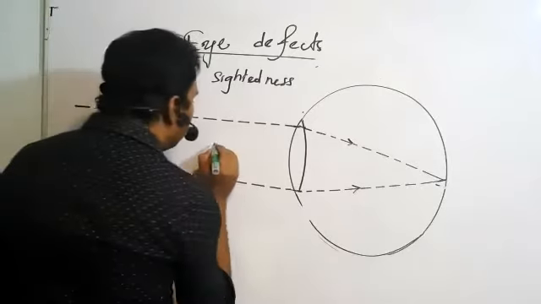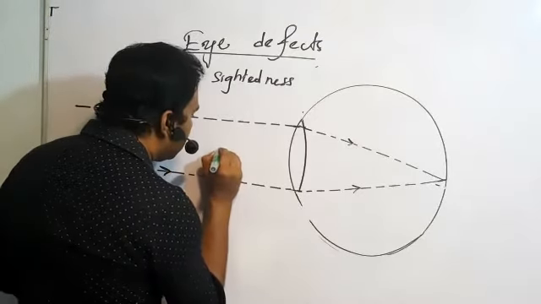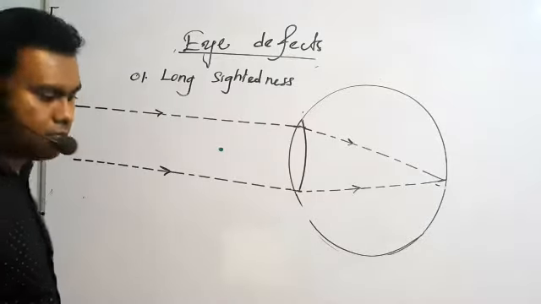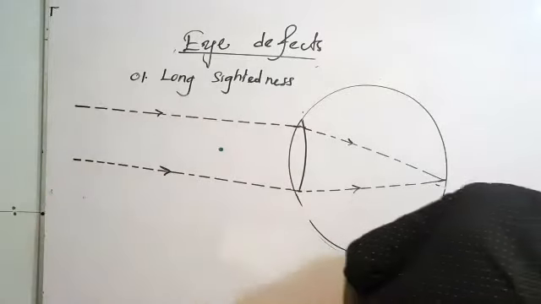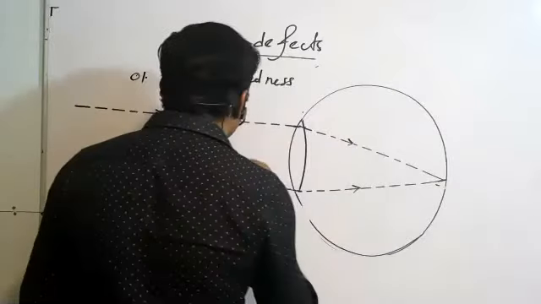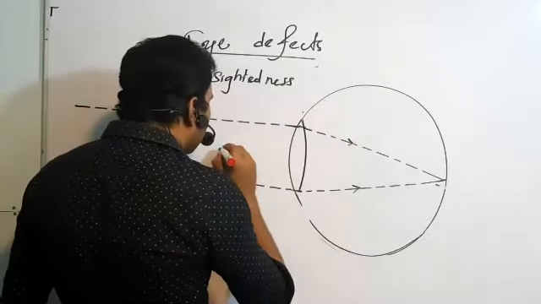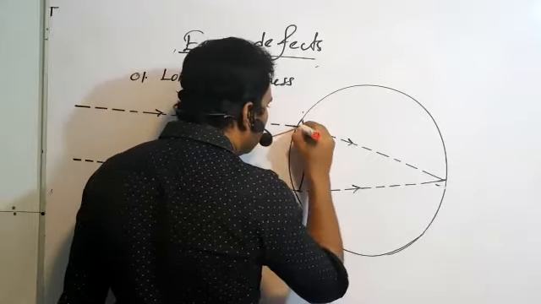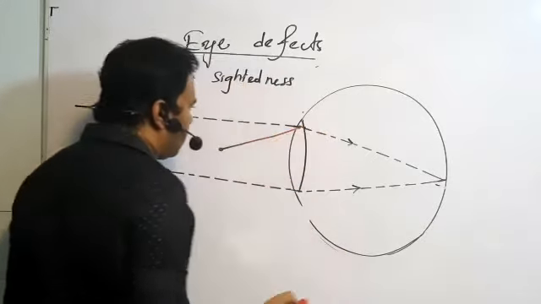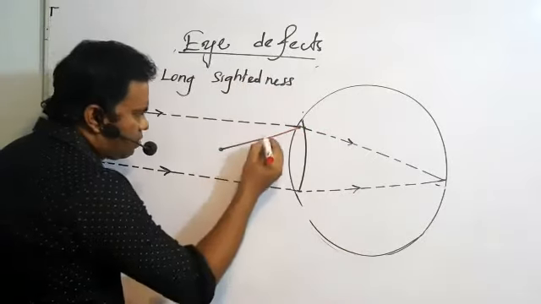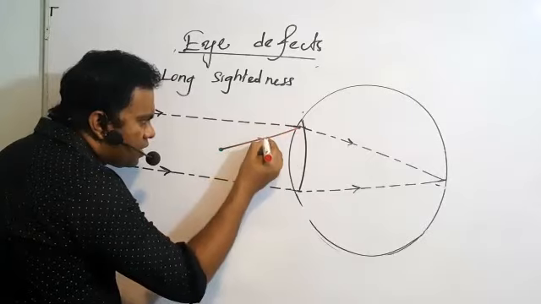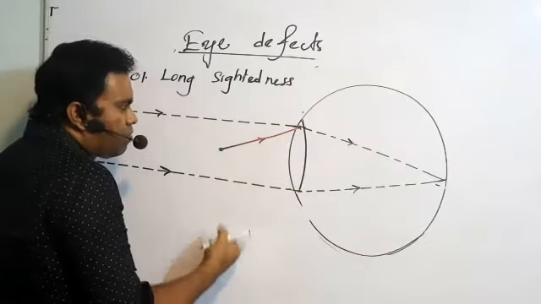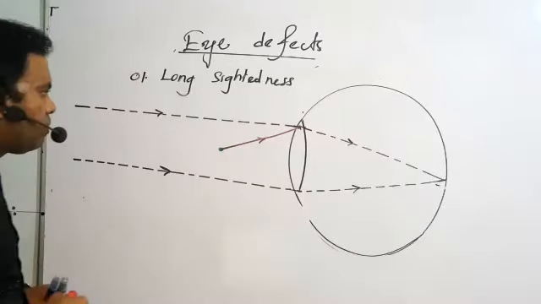Now I keep the closer object here. Now look at this. Light rays coming from the closer object, we draw this incident ray to the same point just to compare. Then we can make a logic.